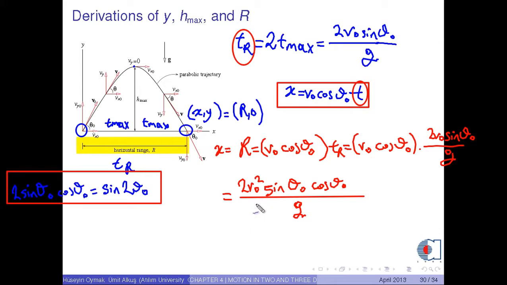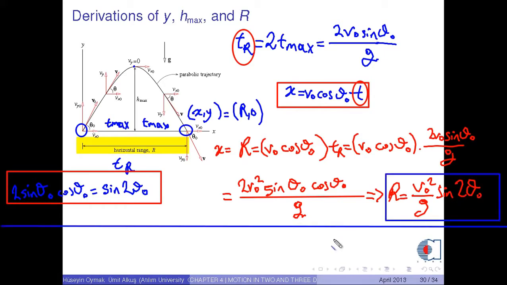Since 2 sine theta 0 times cosine theta 0 equals sine 2 theta 0 from the trigonometric relations, we write the expression for R in a more concise form as R equals V0 square over g times sine 2 theta 0. Don't forget that this result is valid if and only if we have a symmetric projectile motion. If the launching and landing points are not on the same horizontal level, you cannot use this result.